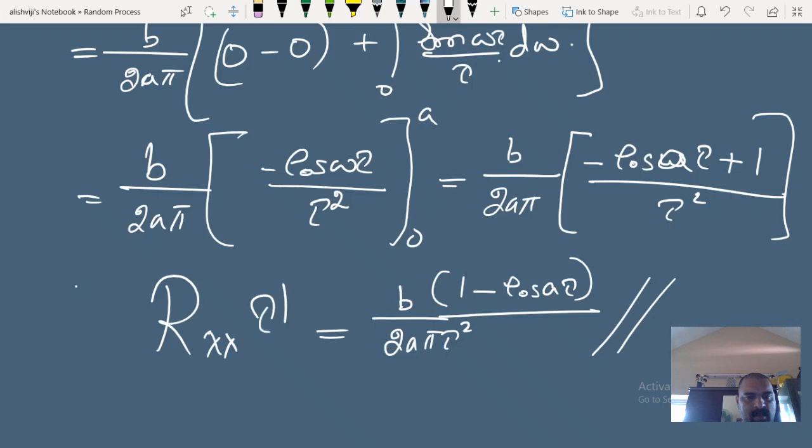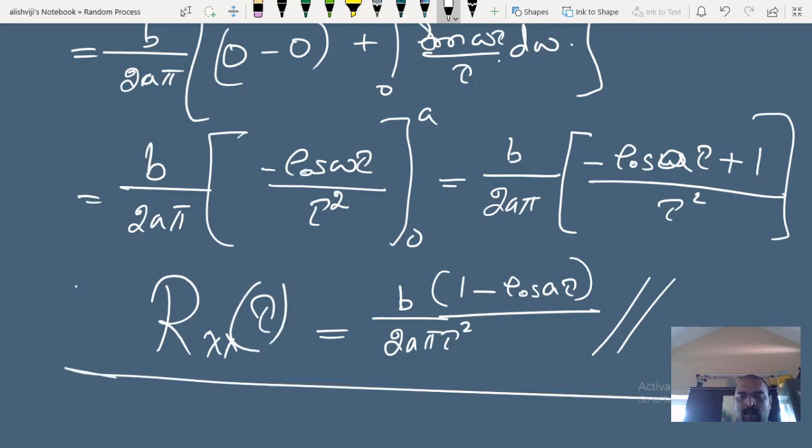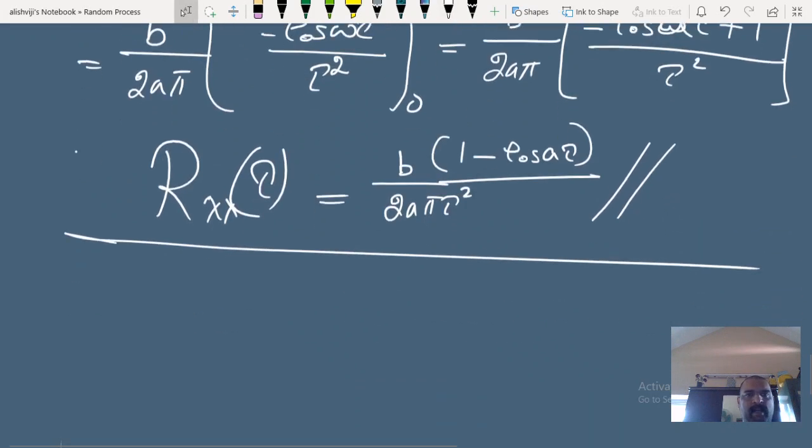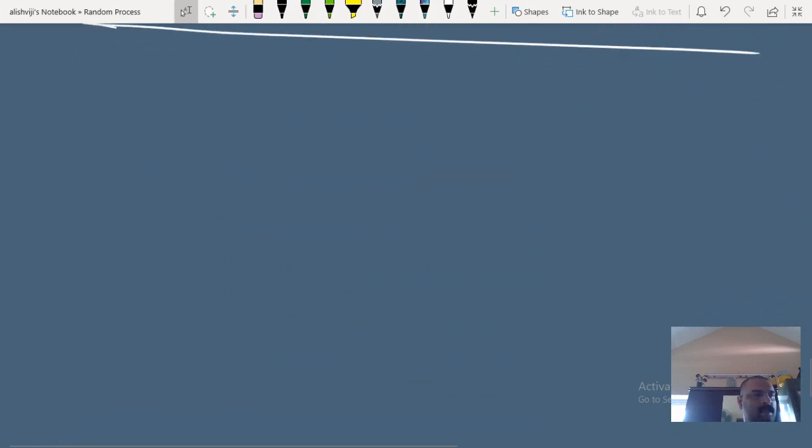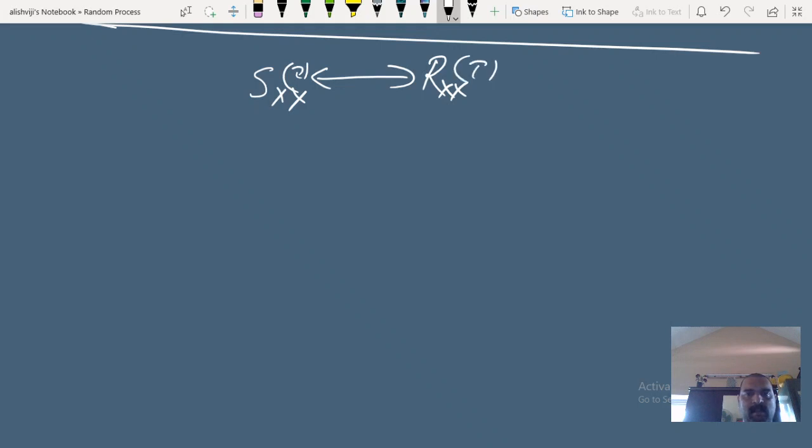So in this way, we can find the autocorrelation function of a process from the power spectrum, and we can find the power spectrum from the autocorrelation function. Remember one thing: there is a one-to-one correspondence between the power spectrum and the autocorrelation function of a process.